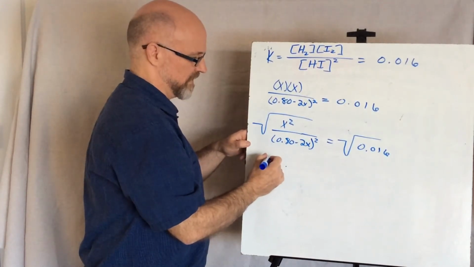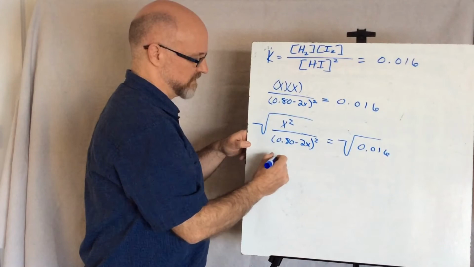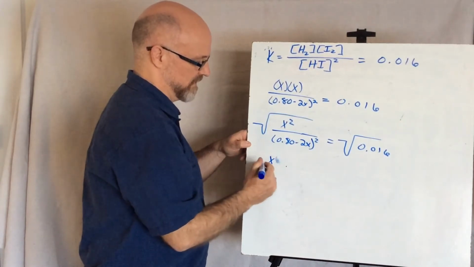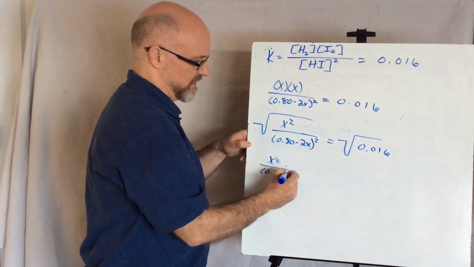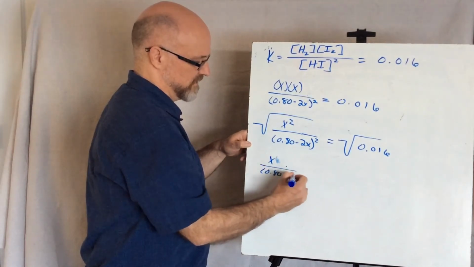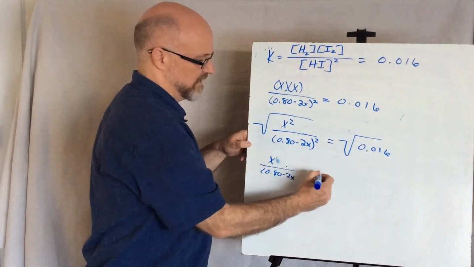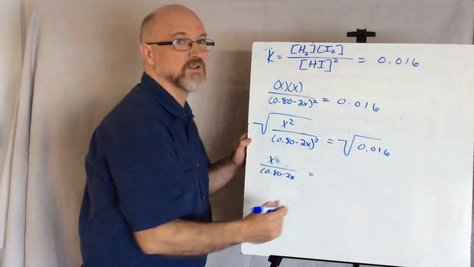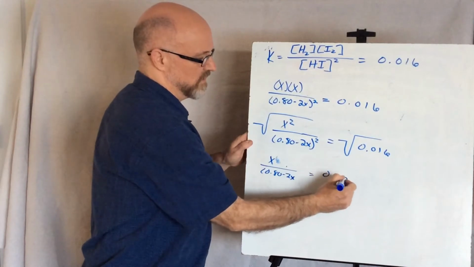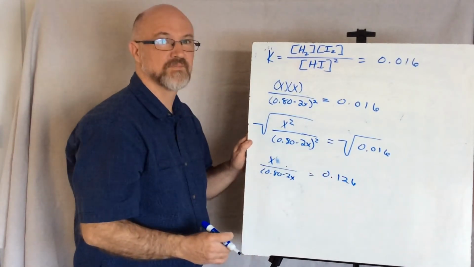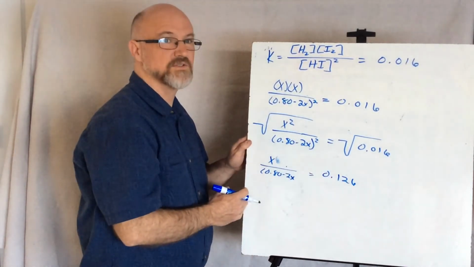So, the square root of x squared is x. The square root of (0.80 minus 2x) squared is 0.80 minus 2x. And the square root of 0.016, when you pick up your handy calculator and type it in, is 0.126. Now all I have to do is do some algebra.